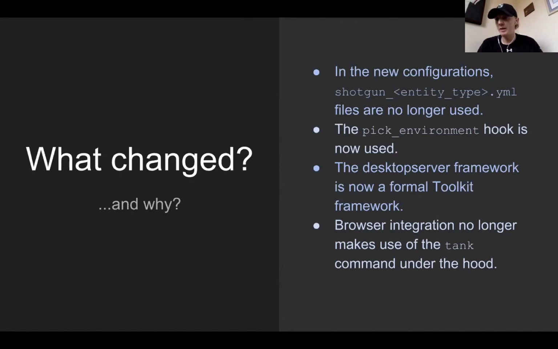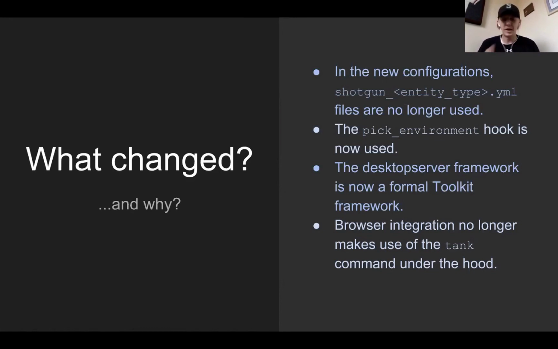And a little bit of the why there first, I think, is that if you think about the zero config Toolkit setup that we have now, there really isn't a tank command that we can shell out to in that situation. The tank command is something that is built and installed as part of a classic Toolkit configuration that is built when you run through the advanced project setup. If you think about a zero config situation, you don't have a configuration on disk that has a tank command associated with it.